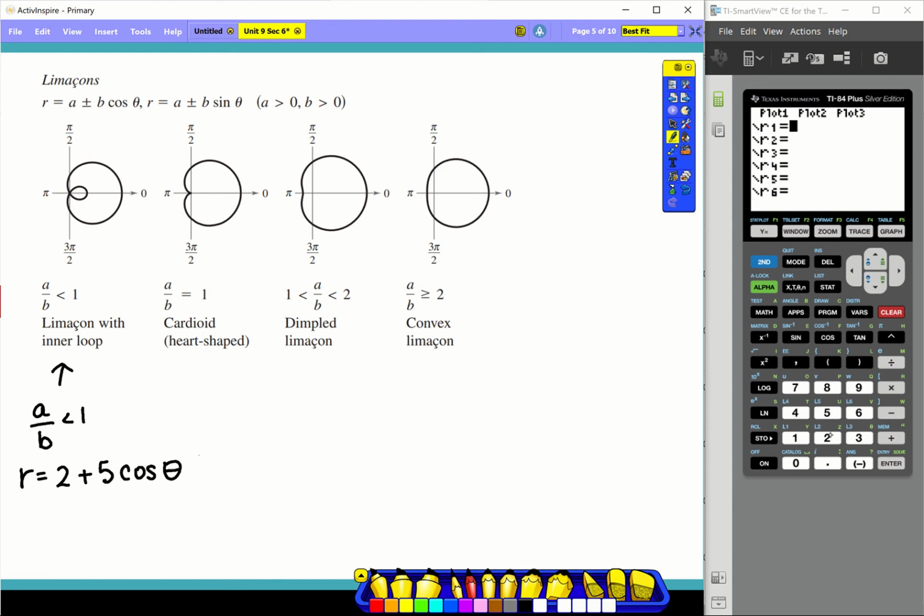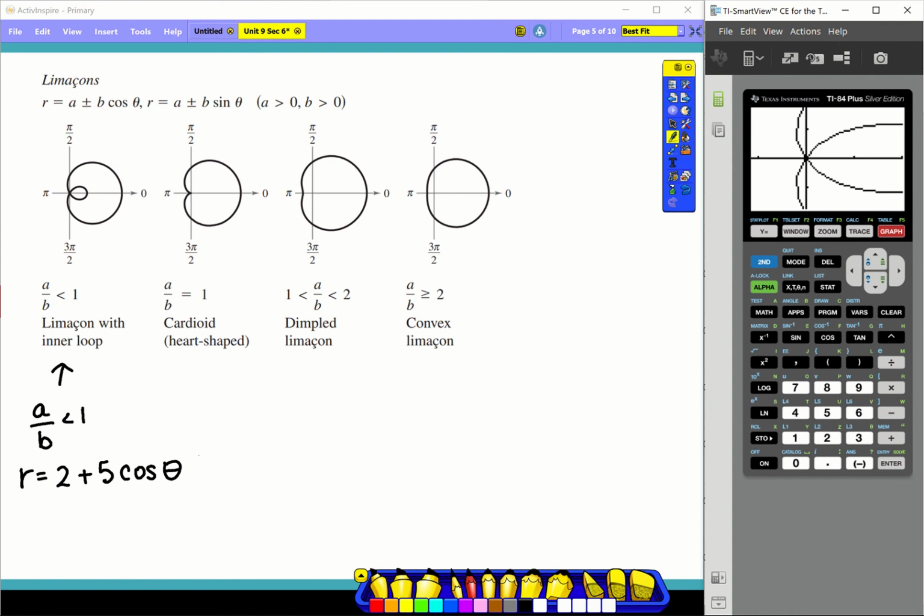Let's graph that. Ooh, what does that look like? So let's do zoom. We don't want the fractions or quadrants. We want zoom fit. See how it's got that inner loop?